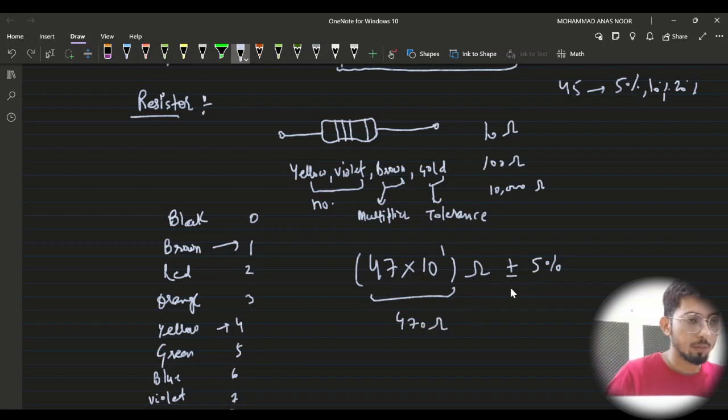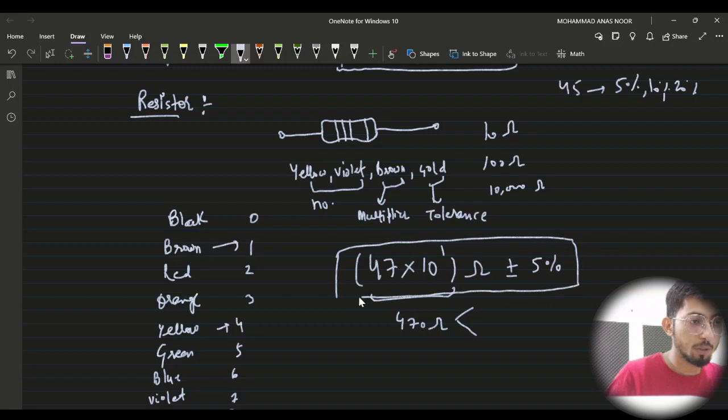But then it may go 5% up and it may go 5% down. So that is how it works. They don't guarantee the exact value, they guarantee it between this limit. It won't go beyond 5% up or down. That's what the manufacturers can guarantee, but they cannot tell you the exact value.